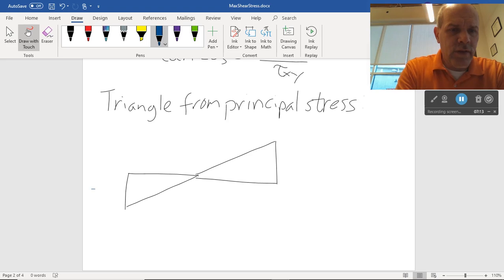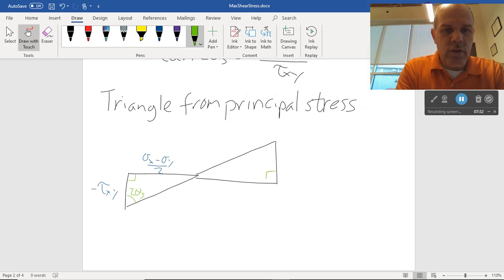Because really, if I want to deal with, say, the negative, I'll put the negative on the tau xy, right? And I'll call this negative tau xy. I'll call this distance sigma x minus sigma y over 2, because then I can call this angle in the corner 2 theta s, and I have a right triangle.